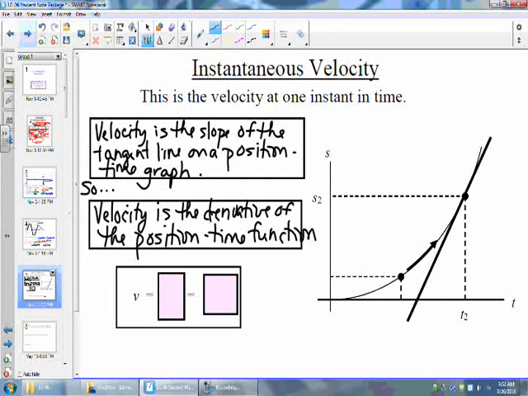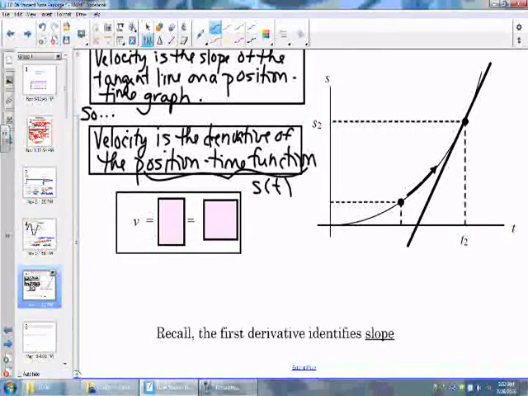And basically we call a position time function S of t. So if I summarize that, because obviously that's a lot of writing, velocity equals the derivative of position with regard to the time. So basically I've got S prime of t.